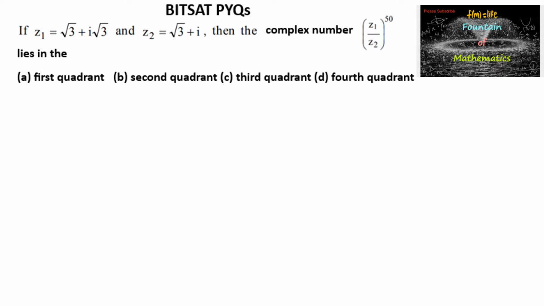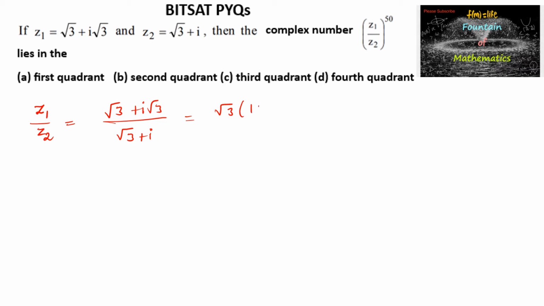Here are given two complex numbers, z1 is equal to root 3 plus i root 3 and z2 is equal to root 3 plus i, and we need to check in which quadrant the complex number (z1 upon z2) whole power 50 lies. So consider z1 by z2. We can write root 3 plus i root 3 divided by root 3 plus i.